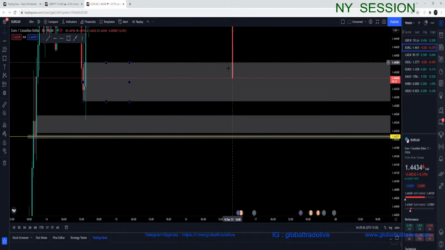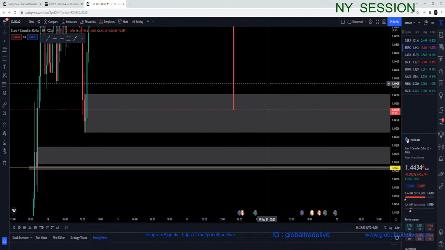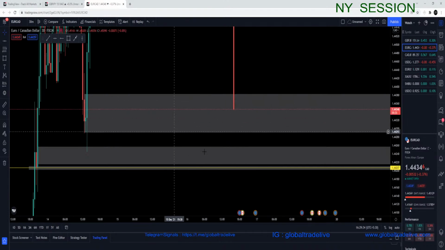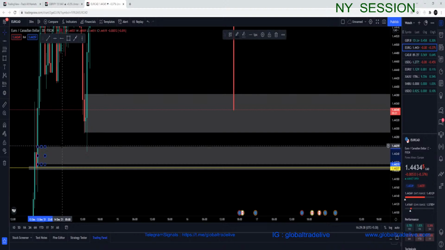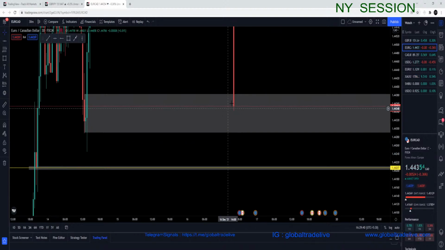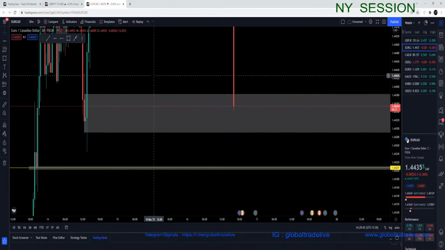So this candle will be clearing whether the market will be going down or not, because to move up it has to respect this POI. It cannot close below this POI. So let's see how things will be happening over here.